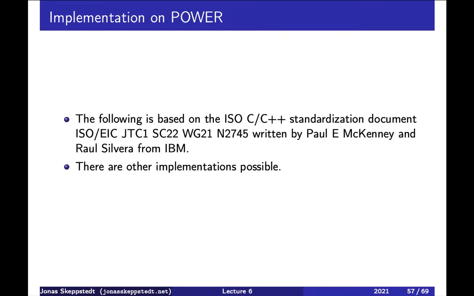So we will now look at implementation examples for Power on various C and C++ primitives, and these are from the official documents of the ISO C and C++ committees, and were created by these two researchers at IBM. But there are other implementations possible as well.